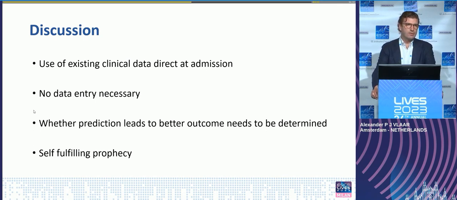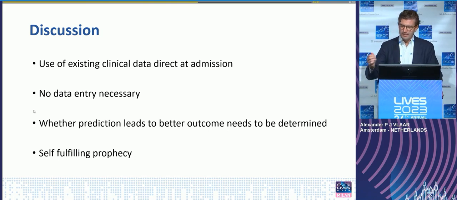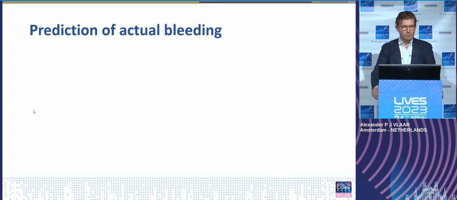And of course the other danger is a self-fulfilling prophecy with this kind of models, mainly with mortality, for example. In the most extreme, if the machine learning is predicting mortality and we're not going to do anything because the system says the patient will die, it will always die and we will never get an improvement in the system. So this can be the tricky part of this kind of system, but in the end I think it will bring us more good than bad.